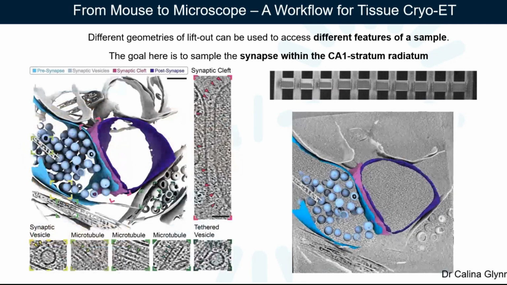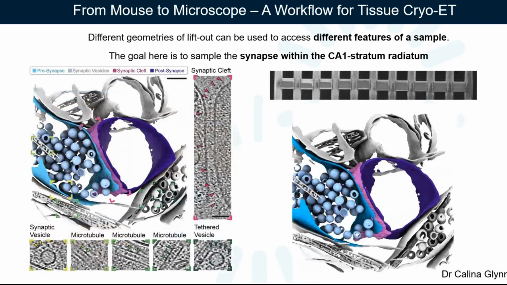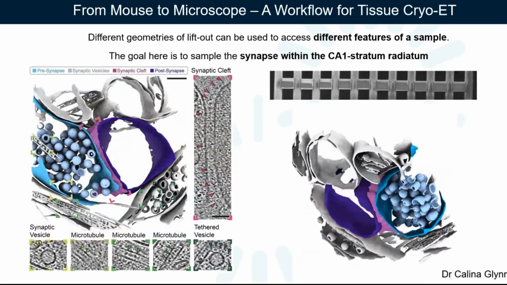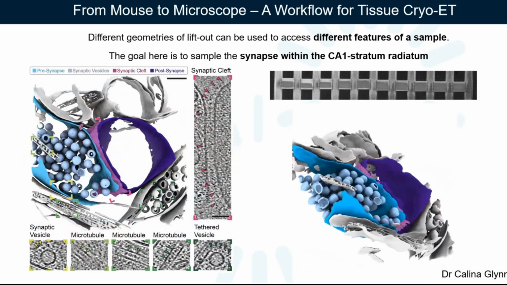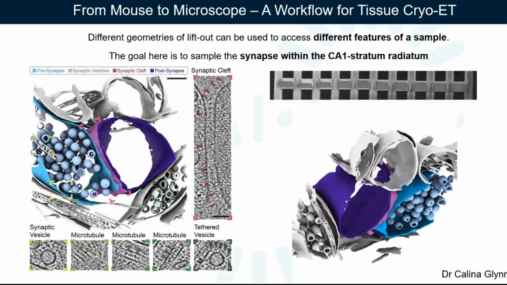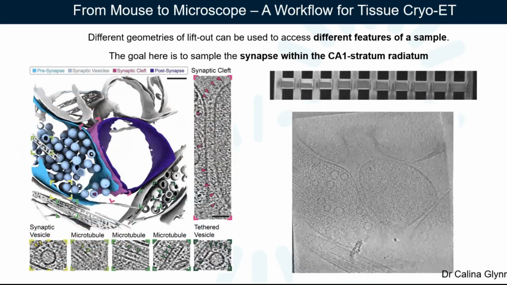You can see on the left the blue presynapse with these synaptic vesicles, and then the magenta cleft in the middle, and the purple, or blue as it looks on the screen, is the postsynapse. And on the left-hand side is just a still, and you can see the level of molecular detail that we can pull out of these images.